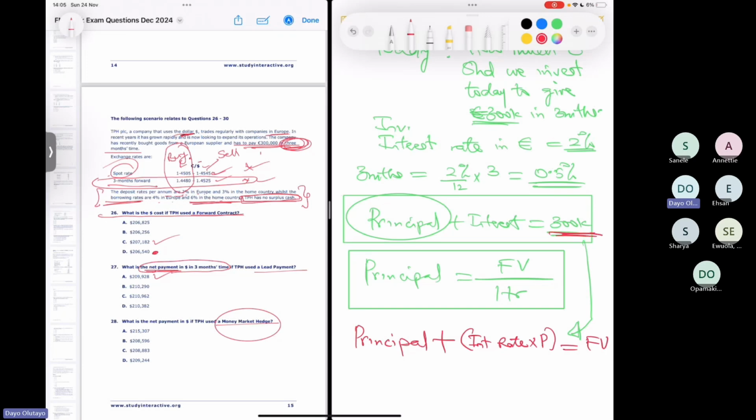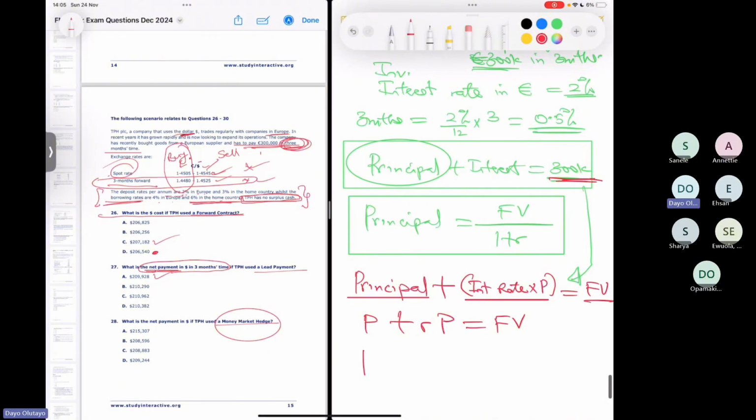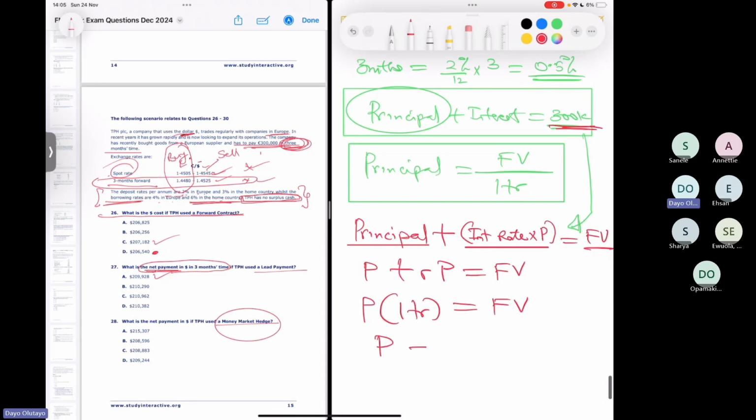So if I invest P today, I make interest on it, then I get the future value. So P plus R times P is equal to my future value. So P into 1 plus R equals future value. So the principal I need to invest today is equal to future value divided by 1 plus my investment rate. And that is the formula you have here.